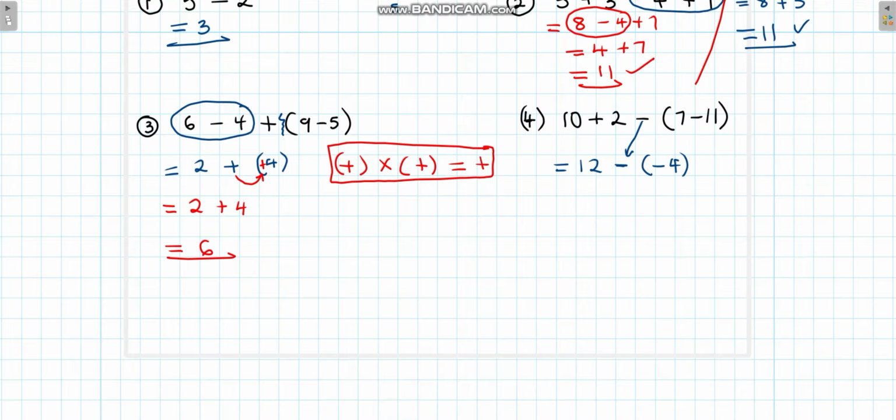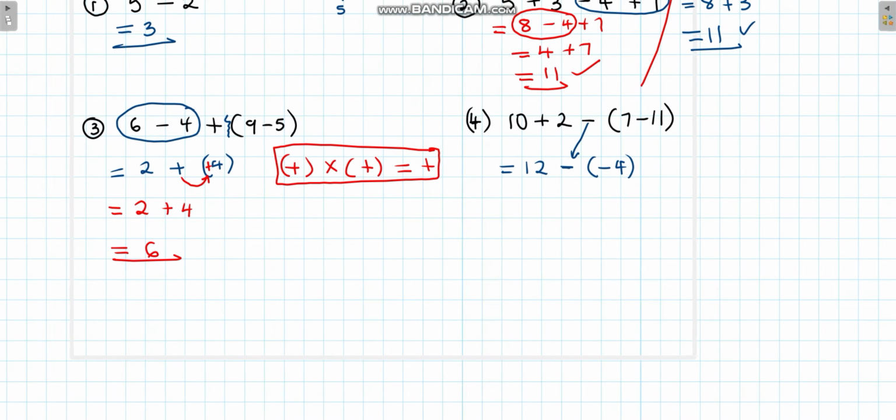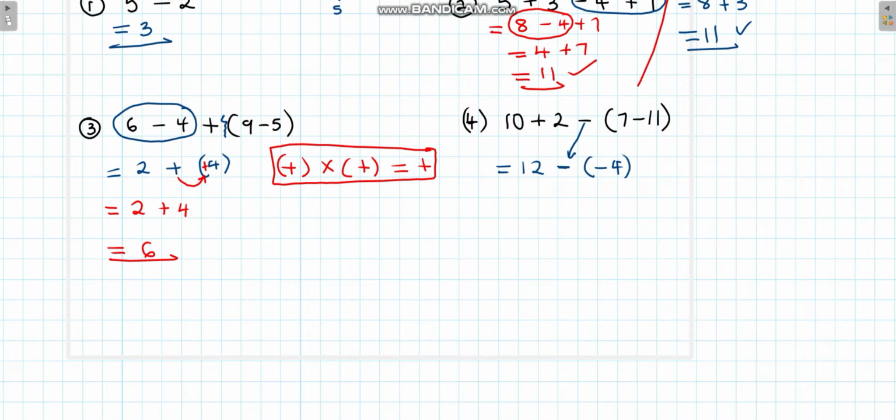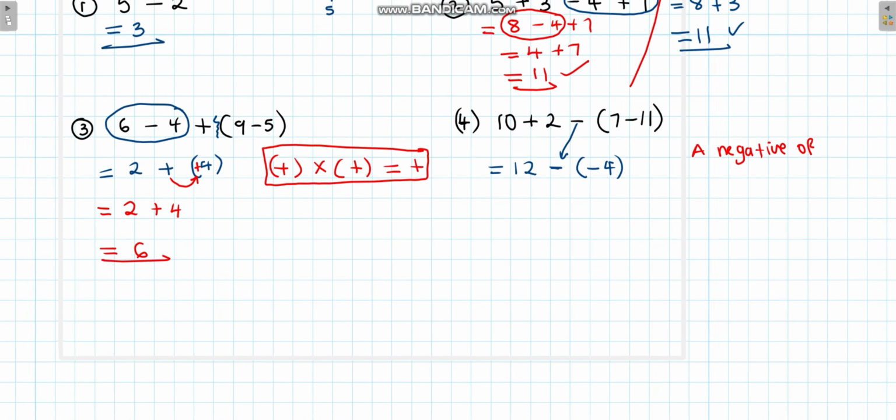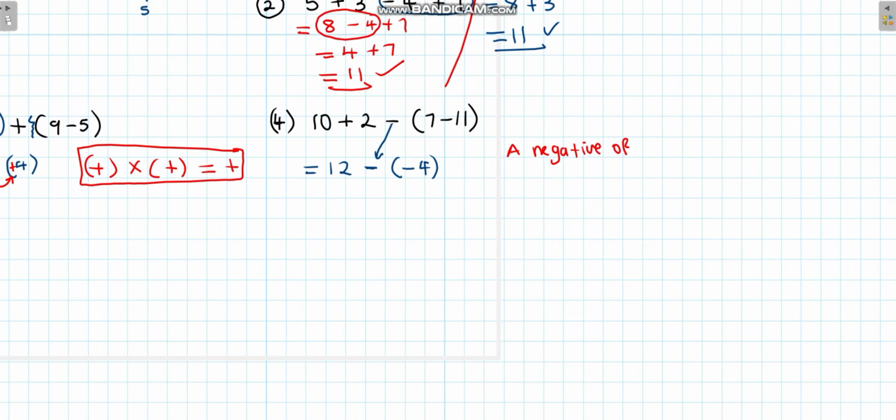Then what do we see now? We have a bracket. What do you say about a bracket? Multiplication. So this is about this one now. A negative of a negative is equal to a positive. So what does it mean?